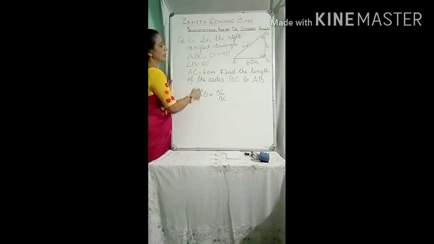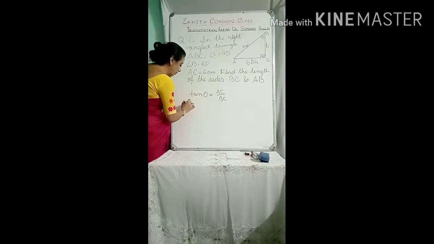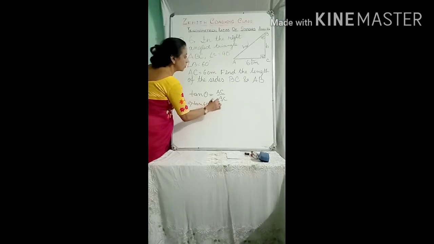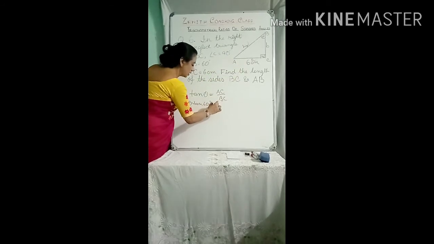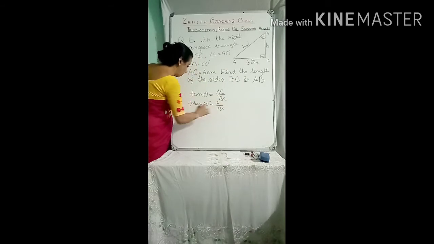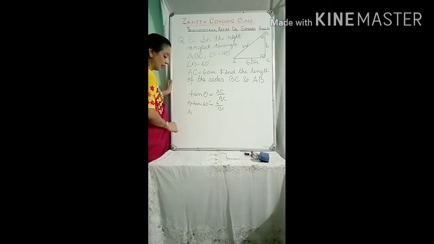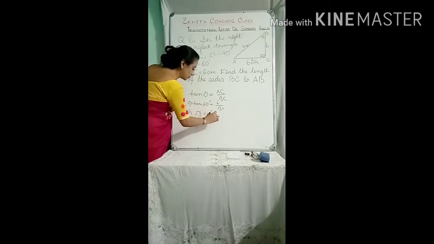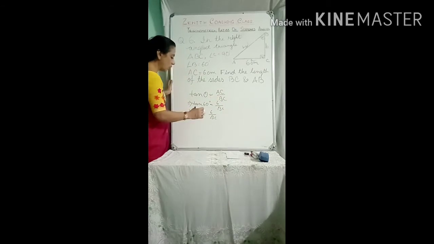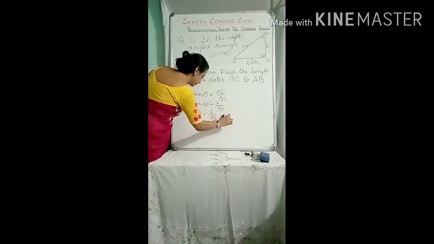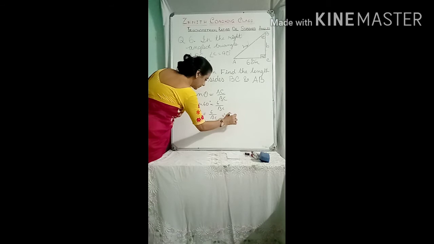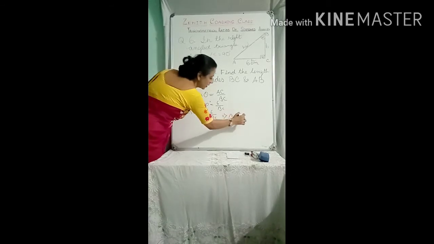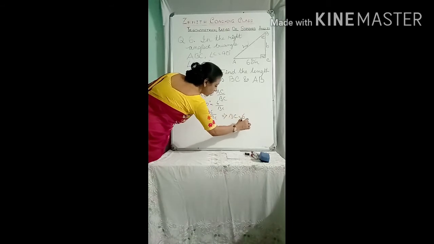Tan theta is here 60 degrees, so tan 60 degrees equals AC, that is 6 centimeters, by BC. What is tan 60? Tan 60 is root 3. So root 3 equals 6 by BC. So BC equals 6 by root 3.